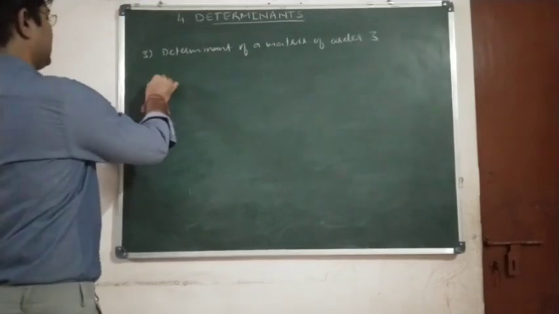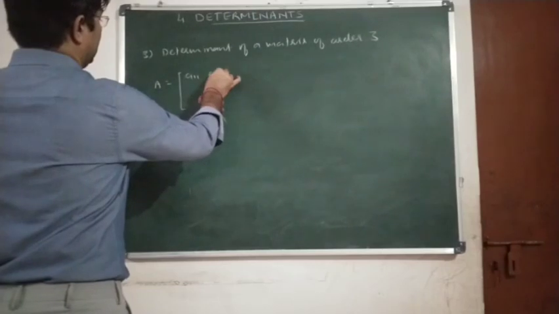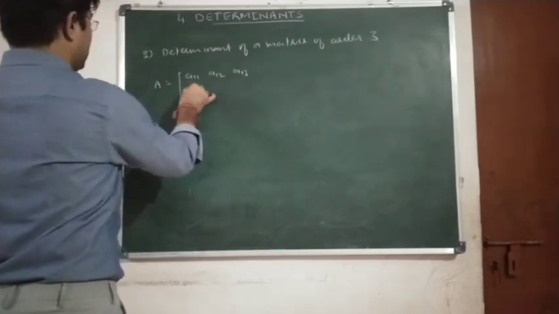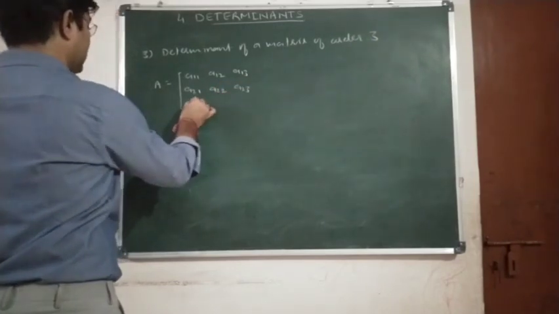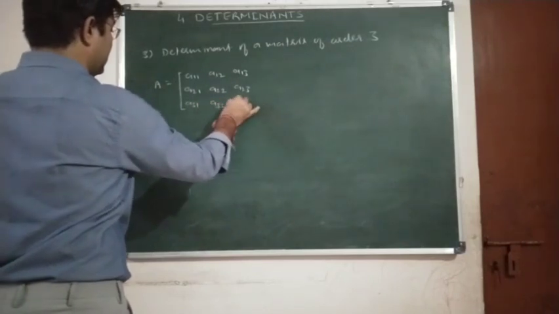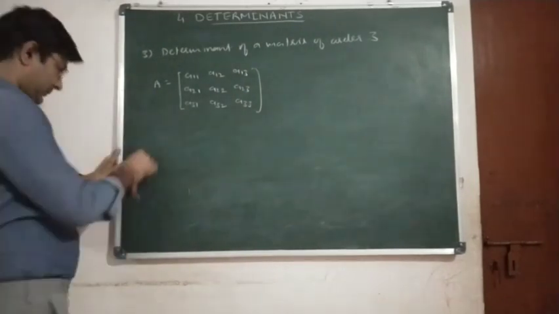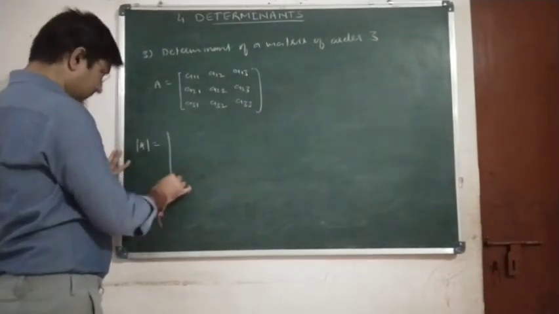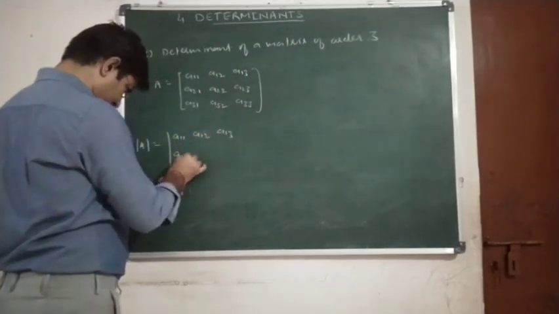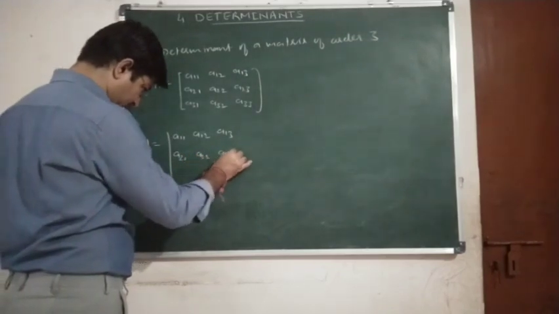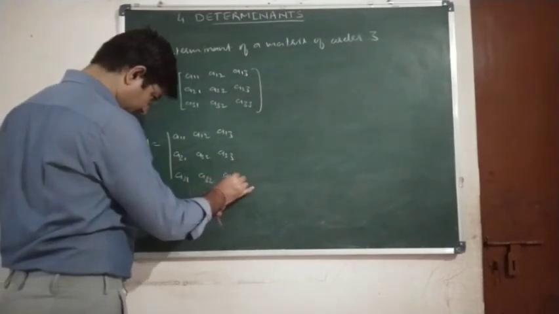Okay, let us consider a matrix with rows A11, A12, A13, then A21, A22, A23, then A31, A32, A33.